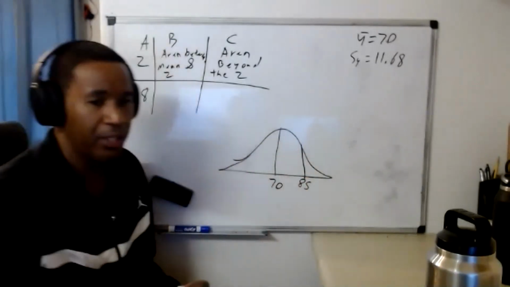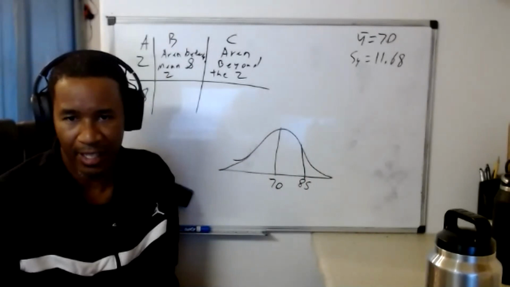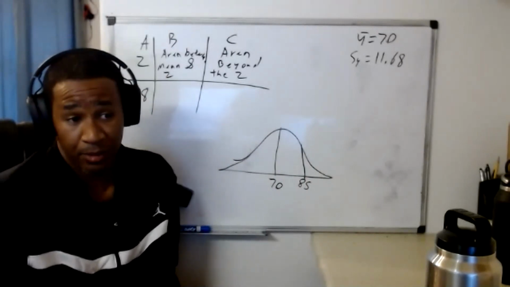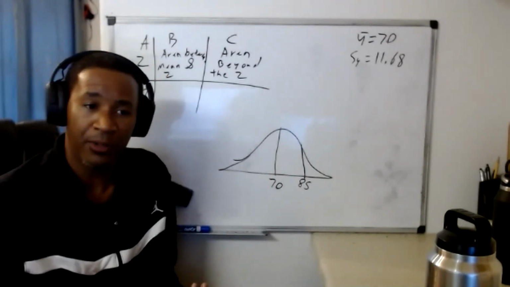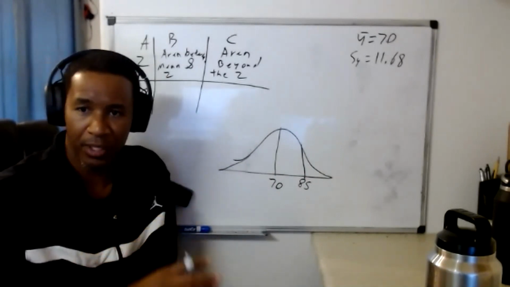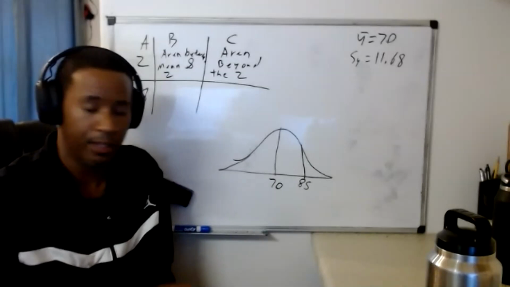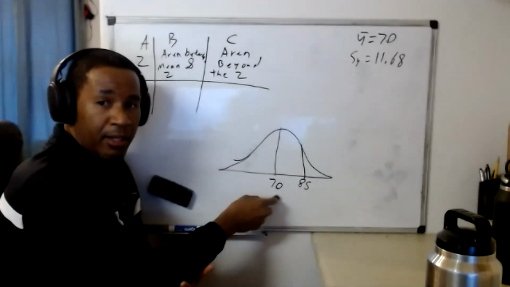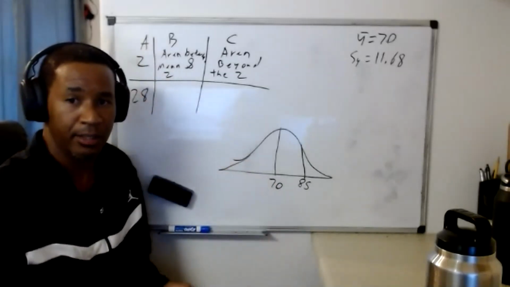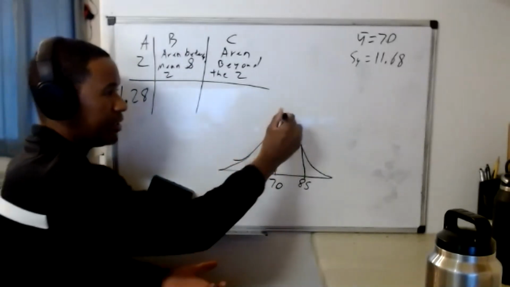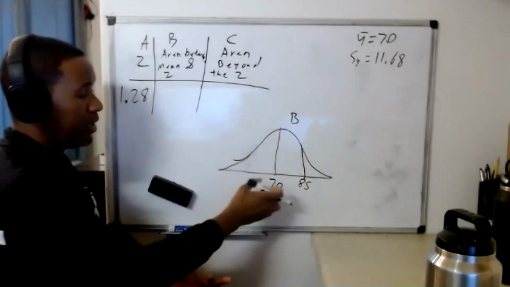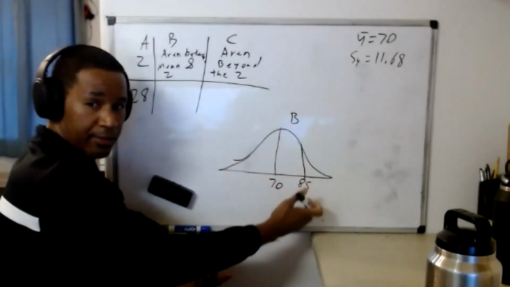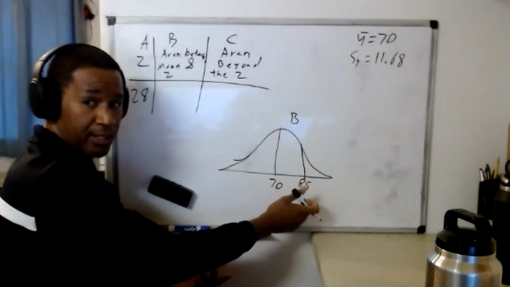Now, if I want to know how well I did in the class, how many students I beat, and how many students did better than I did, well, if I want to know the percentage of students who scored between my raw score and the mean, I would look in the B column. The B column is the area between the mean and the raw score that corresponds to that Z value.